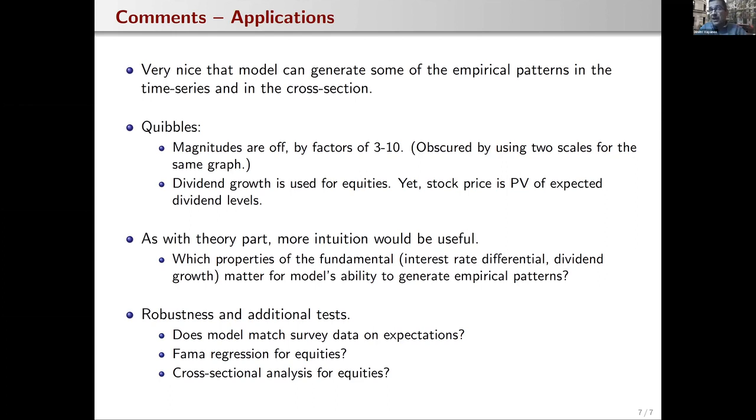And for equities, for example, they could perform some more cross-sectional analysis similar to what they do for foreign exchange, to show additional tests of the model, or even perform the Fama regression, which is the value effect, let's say, similar to the value effect for equities.